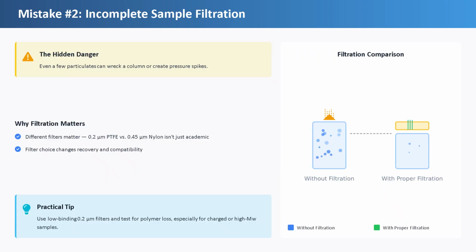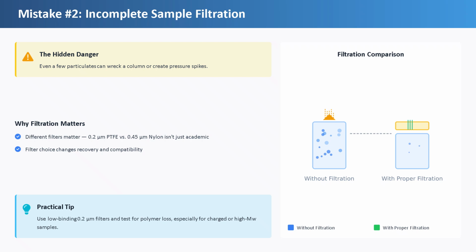The second mistake hides in plain sight: skipping proper filtration. Just because a solution looks clear doesn't mean it's clean. A few microscopic particulates can spike column pressure or even permanently damage the packing material. But it's not just whether you filter, it's also what you filter with.